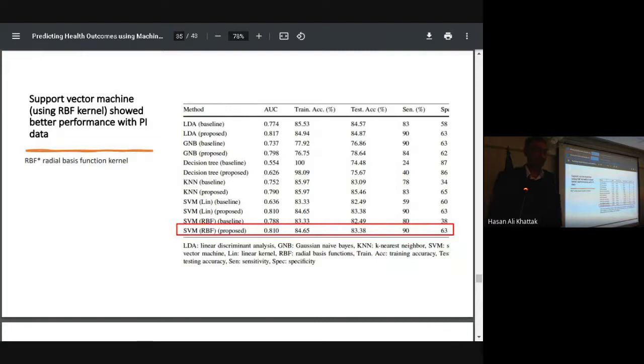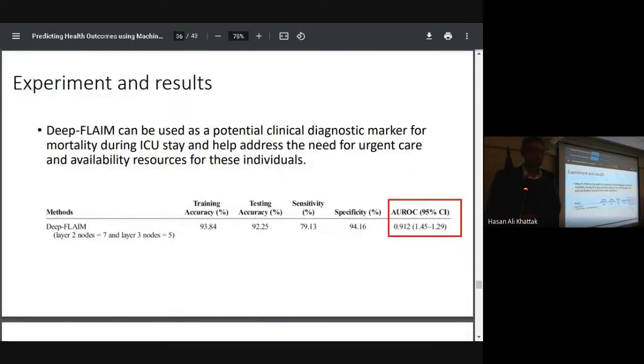Our results show that the support vector machine with the RBF kernel showed the better performance with the PI data. And the same with DFLIM: we found that our algorithm beats all the available published work at this time, which is on PubMed.